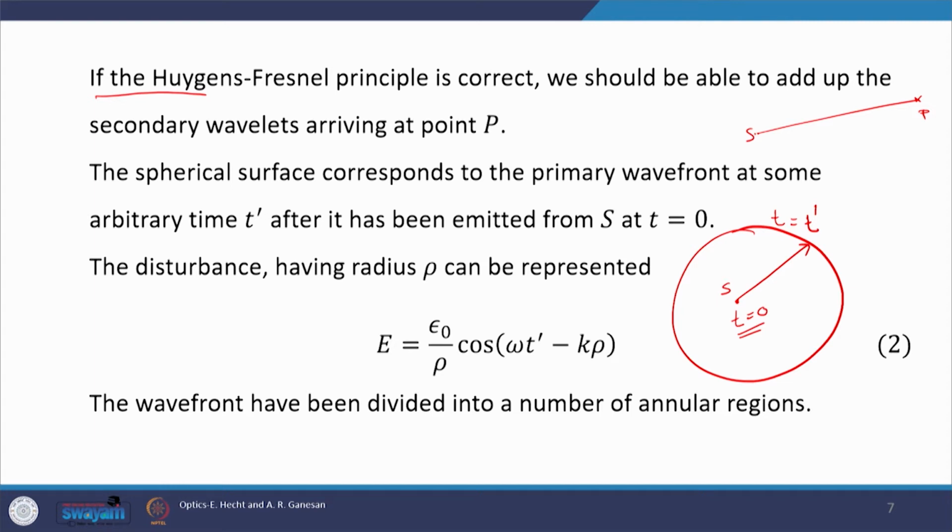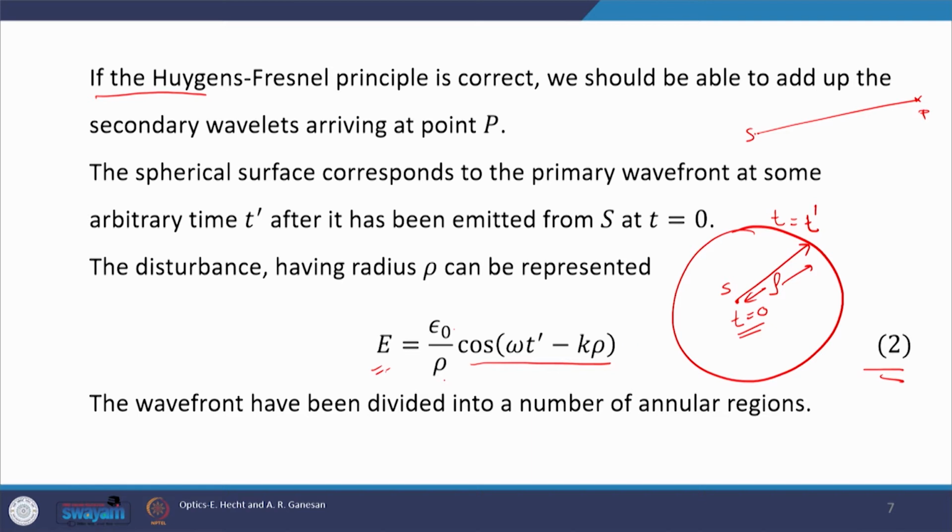With this, the disturbance having radius rho, say the radius of this spherical wavefront is rho, can be represented by equation 2, which says the field E is equal to epsilon naught by rho cos of omega t prime minus k rho. Rho is the radius of this wavefront.